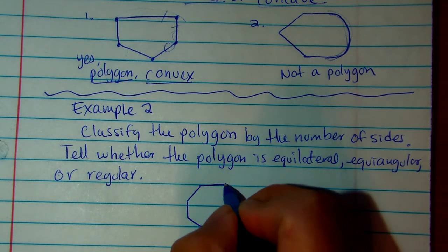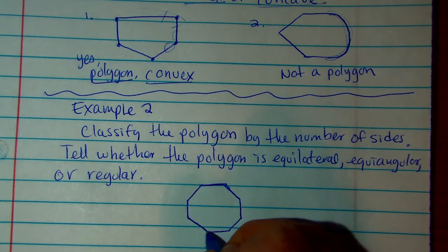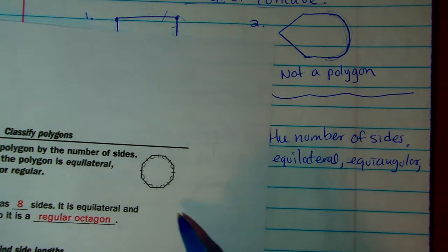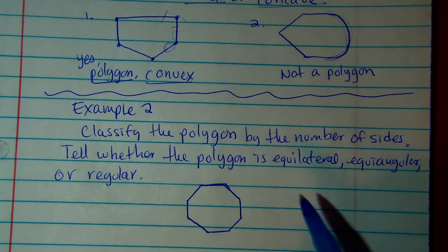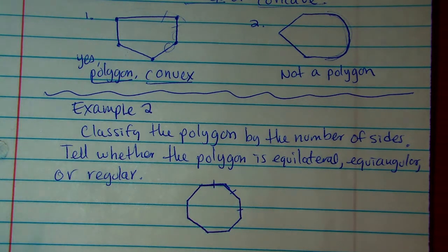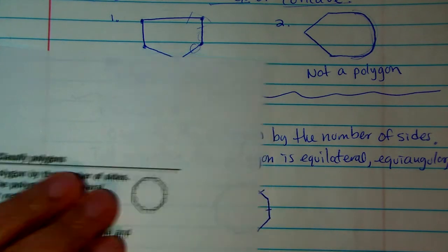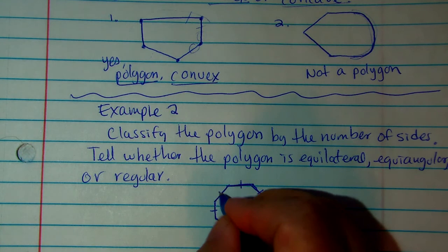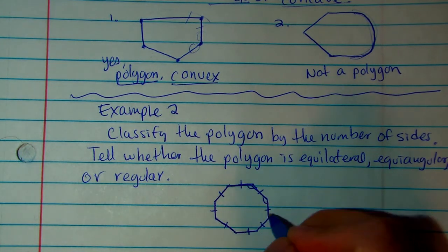So here we have this polygon. Now, if you see the example right here from the textbook, you can see that it has all these symbols. So I'm going to copy the symbols. It has all these marks on the sides and on the interior angles. And then for the angles, we have these marks.